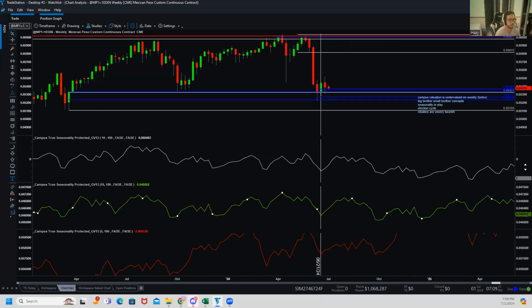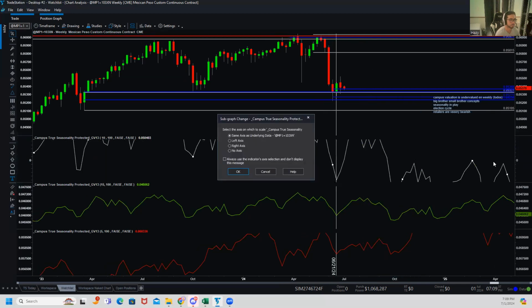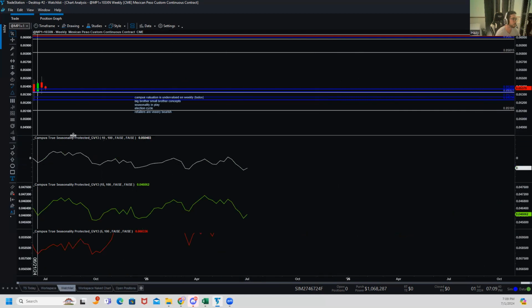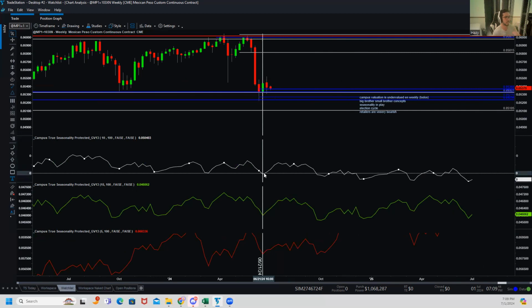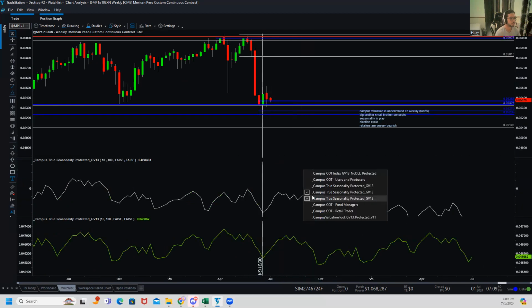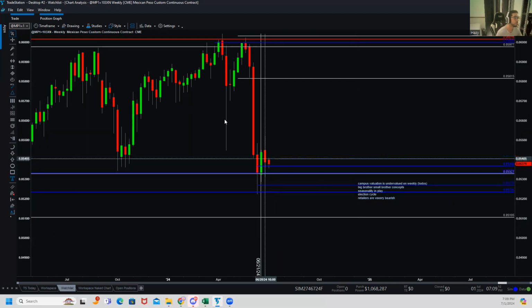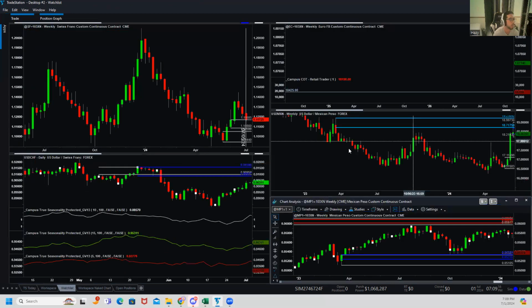According to seasonality, we already reached our bottom. Sorry, excuse me. So that's two fundamental indicators telling us that price should go up.